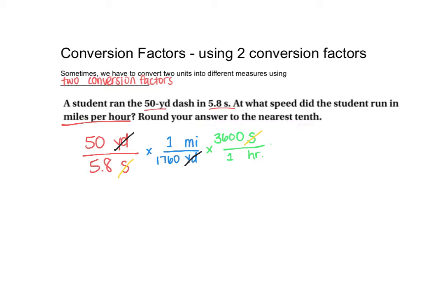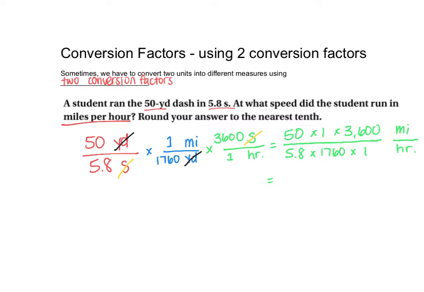Let's just multiply straight across. This becomes 50 times 1 times 3,600, and on the top we're left with miles over 5.8 times 1760 times 1, and on the bottom we're left with hours.